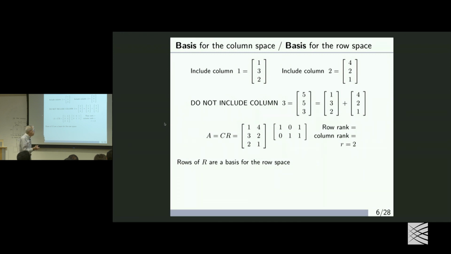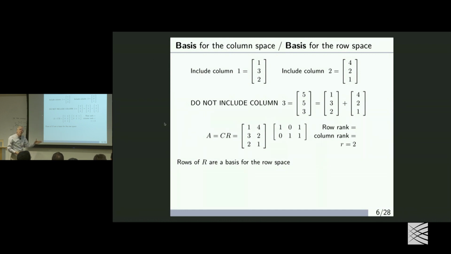Matrix factorizations. So here's one, a matrix factorization of my matrix A. You remember my 3 by 3 matrix A. It had these 2 independent columns. Those are the column bases, so those are in the matrix C. And here's the matrix R that takes the right combinations. The first column of A was 1, 3, 2, so I want 1 of that column and 0 of that column in column 1.